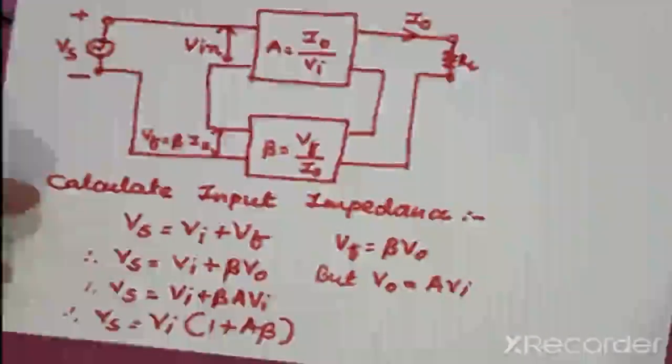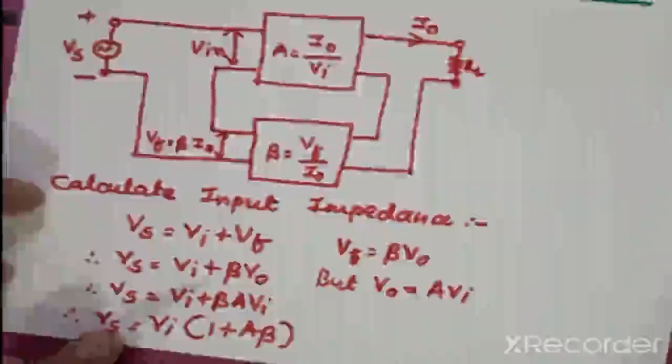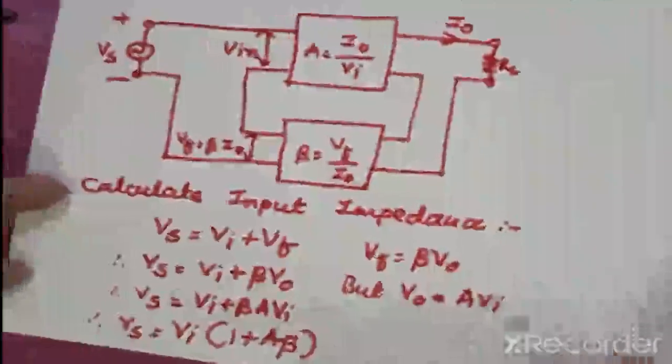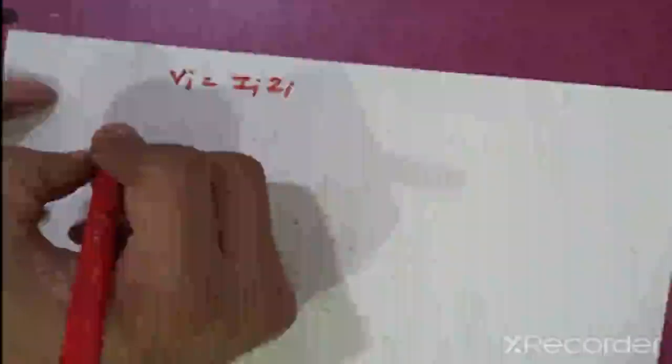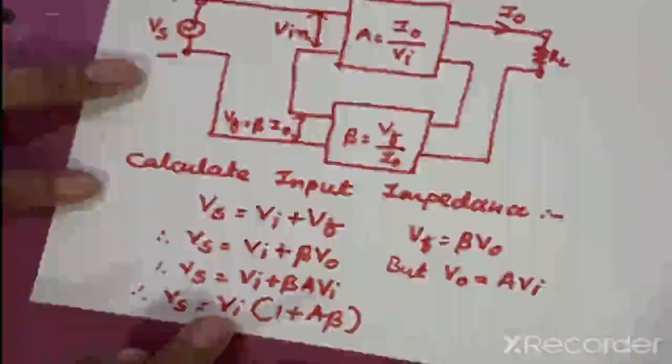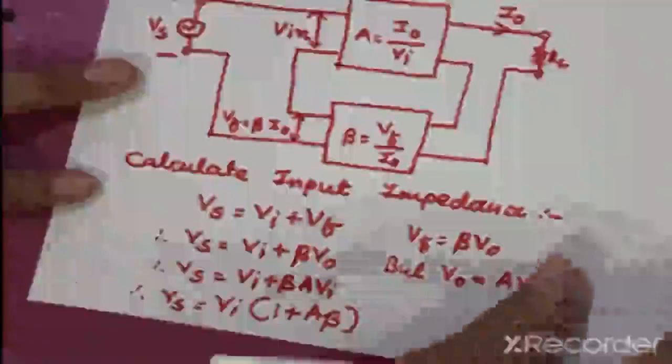Now for the input impedance, we know Vi is equal to Ii Zi. This is the equation of input impedance. Putting the value of Vi in this equation, we get Vs equal to Ii Zi into 1 plus A beta.